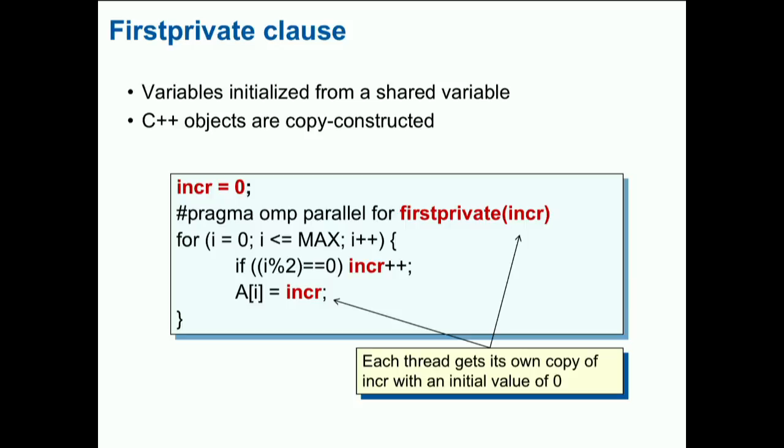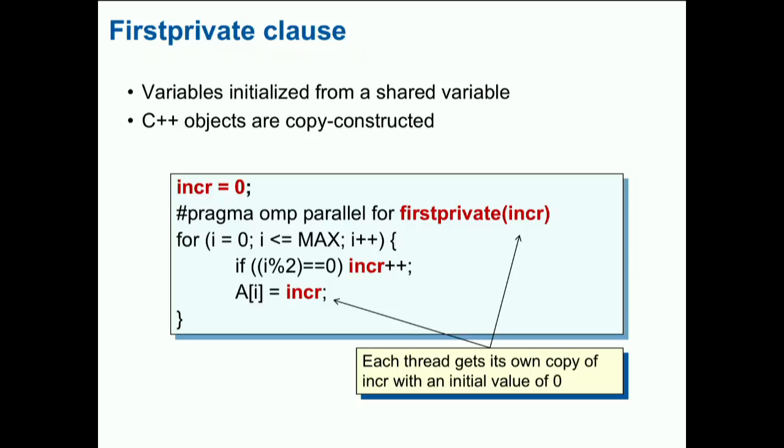So it basically says, what was the value of increment before the parallel region started? It's 0. So the private increment variable will have an initial value of 0. Each thread will get a copy of the increment variable, and each one will have an initial value of 0. This sounds more useful, right?